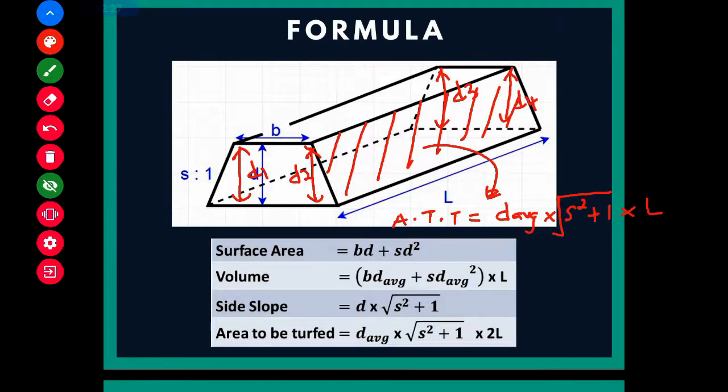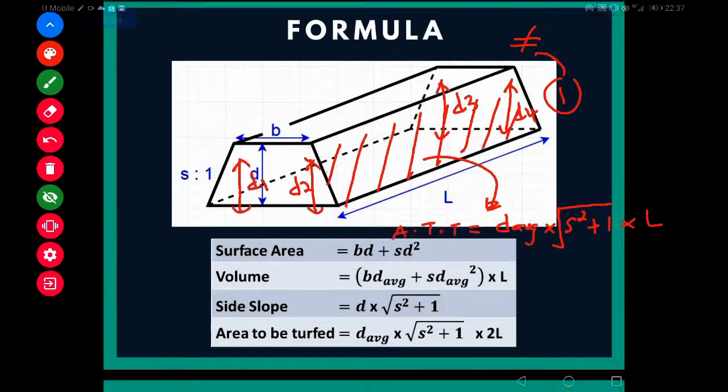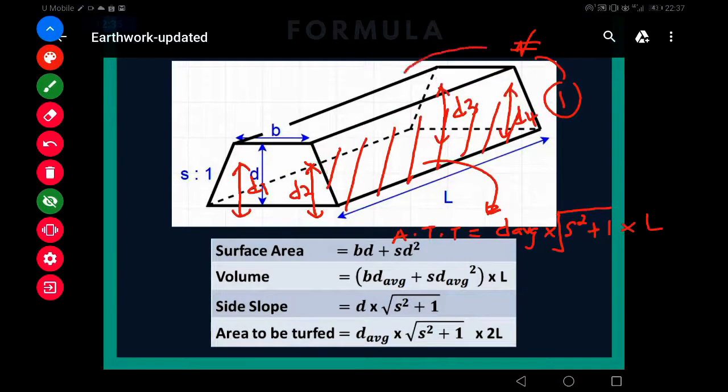Because please take note that this side will be no longer equal to this side, so you need to calculate separately. So that's why here it will be only L, not the 2L here.